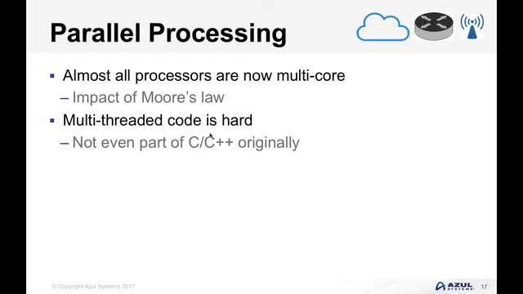So this means that it's now actually possible to do things in parallel. It used to be that we used a time-sharing operating system that made it look like we were doing things in parallel, but now we really can. Pretty much any processor you get these days will have multiple cores in it.